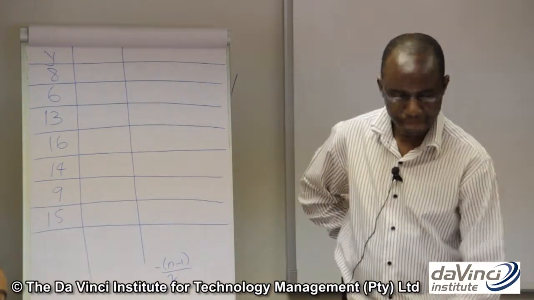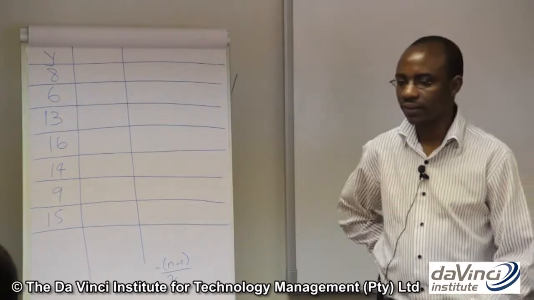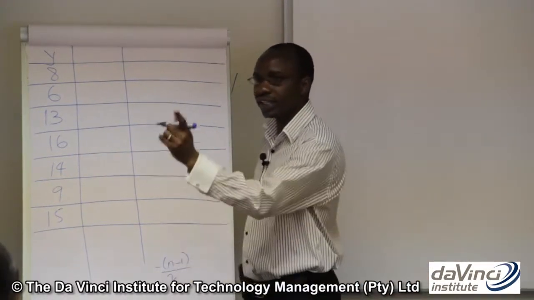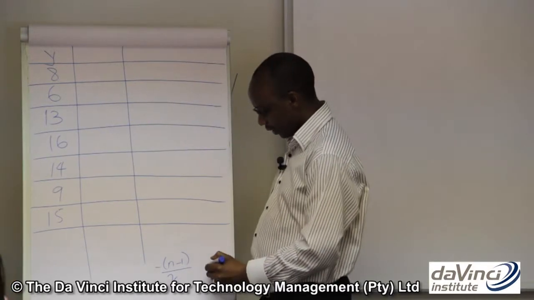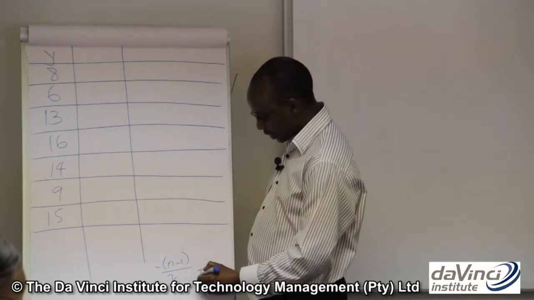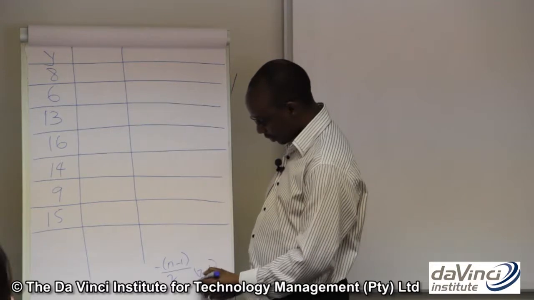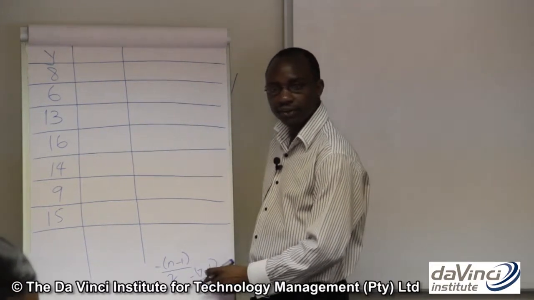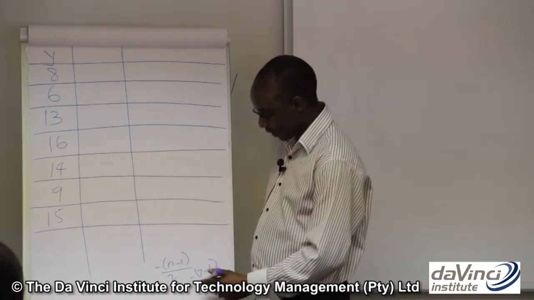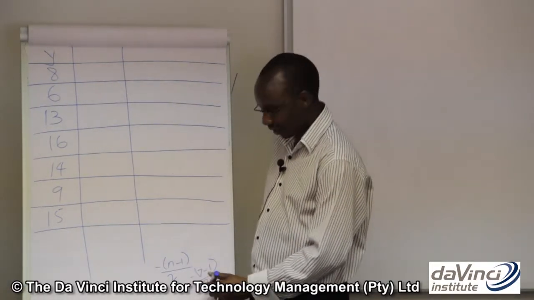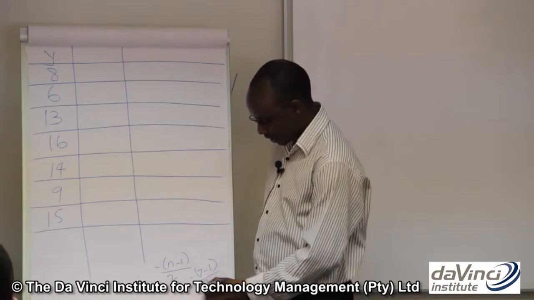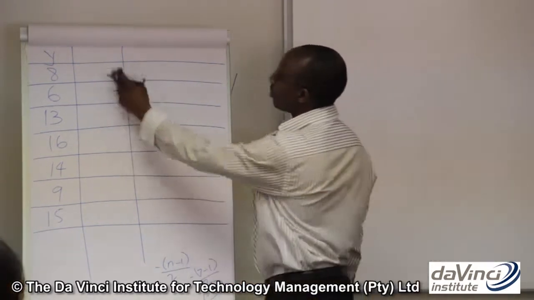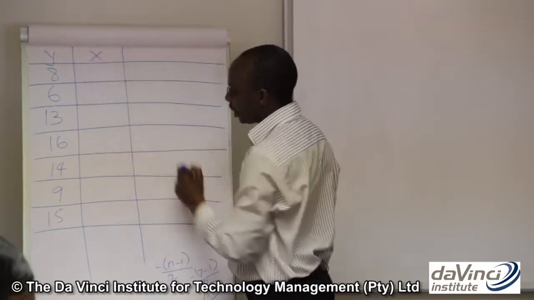So what is the value of n here? We said it was 7. So we would say 7 minus 1 over 2. 7 minus 1 is 6, divided by 2 gives you 3. Don't forget the minus. So it's minus 3. So it works on having the sum of x being equal to 0.